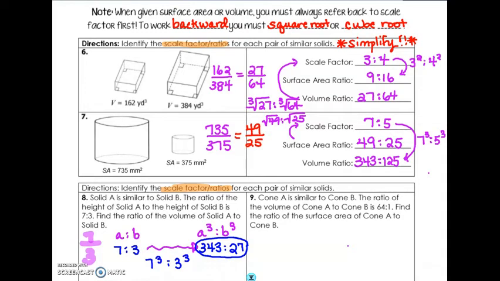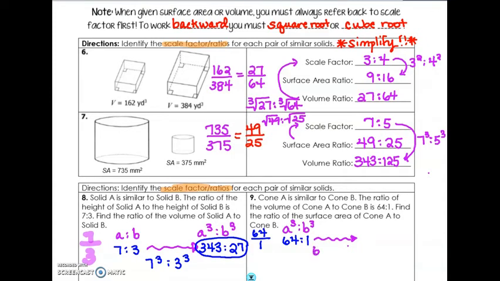Let's take a look here. 64 to 1. That's already simplified, so I'm all good. So I write 64 to 1. That is my volume ratio. So that's going to be A cubed to B cubed. I can't go straight to surface area because I need to find out what A to B is in order to square it for surface area.